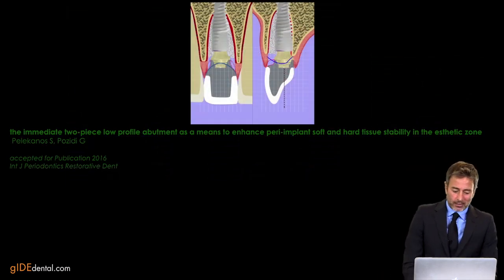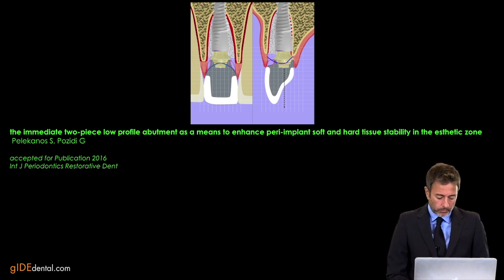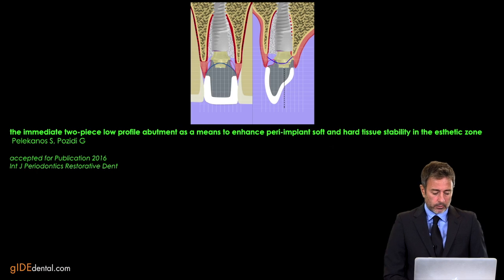So finalizing, it's already accepted for publication. The concept that you have seen in this small lecture, the title is the immediate 2-piece low-profile abutment as a means to enhance peri-implant soft and hard tissue stability in the aesthetic zone.